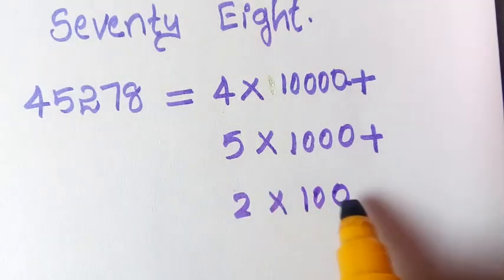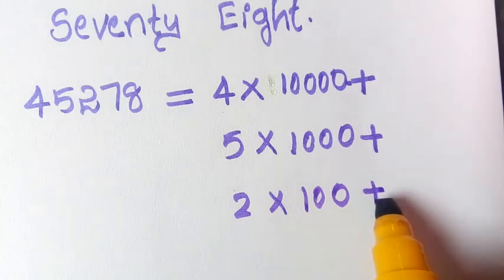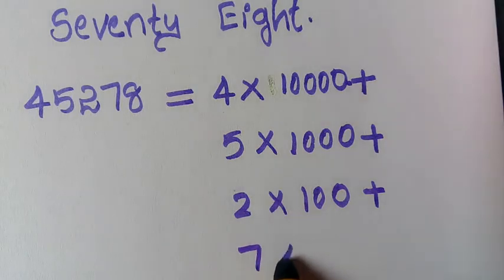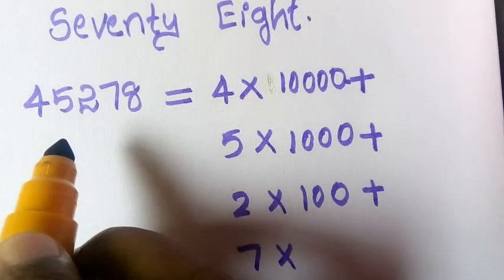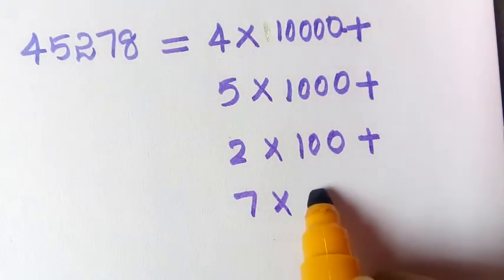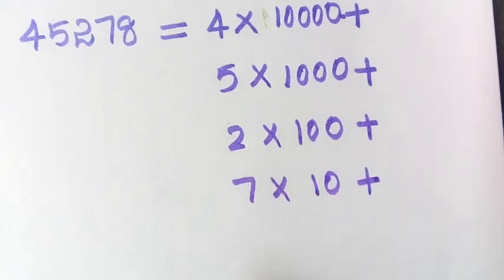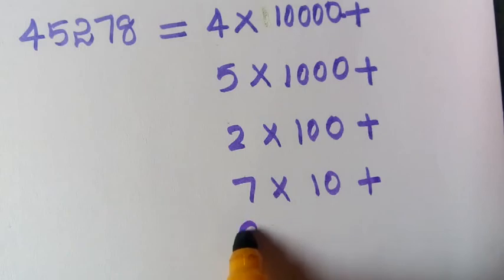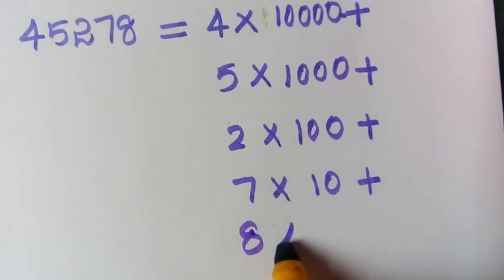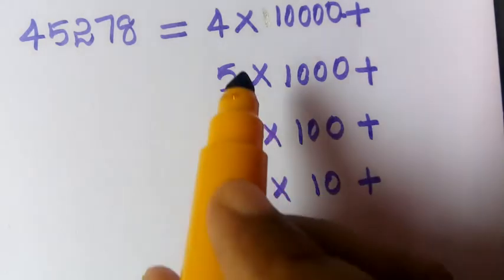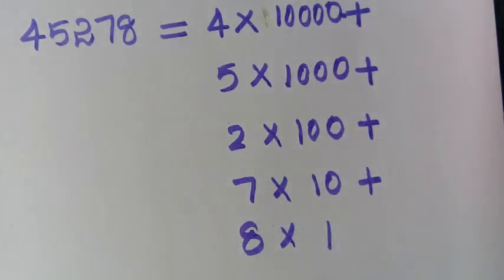So into 100. Then you need to put plus sign. The next digit is 7 into place value of 7 is 10 plus. The last digit is 8 into place value of 8. 8 is in ones place.